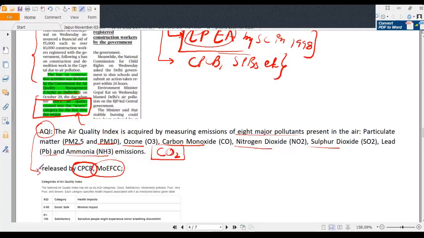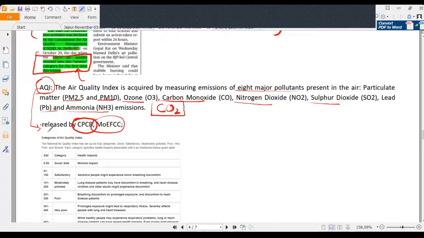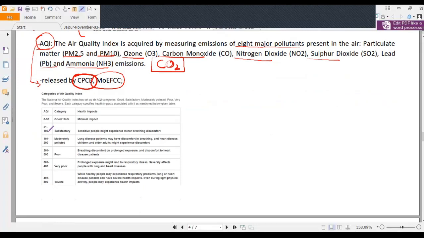Now it gives 6 categories of air quality based on the weather condition as well as the amount of pollutants. So if air quality index score is 0 to 50, it is good, 51 to 100 satisfactory, 100 to 200 moderately polluted, 201 to 300 poor, 301 to 400 very poor, and 401 to 500 severe.